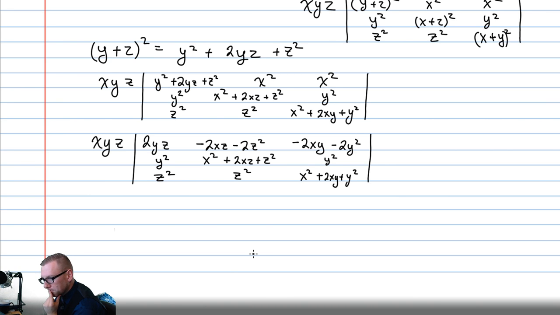Does that help anything? Because I was thinking of maybe getting an upper triangular matrix or something. Well, yeah, take the 2 out.